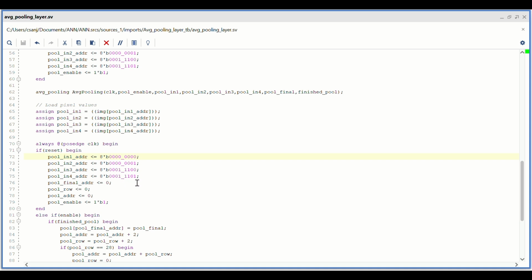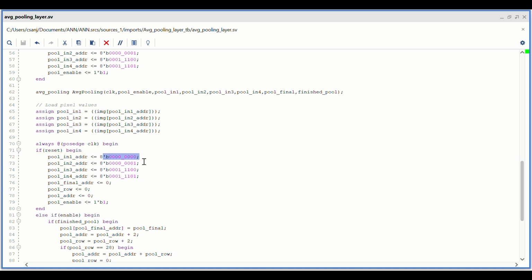I know that my image is 28 cross 28. In the previous example, the pixel value address was initialized as 0, 1, 6, 7 because the total number of rows was 6. So pool address, pool address plus 1, pool address plus n, pool address plus n plus 1. This is what is happening here.